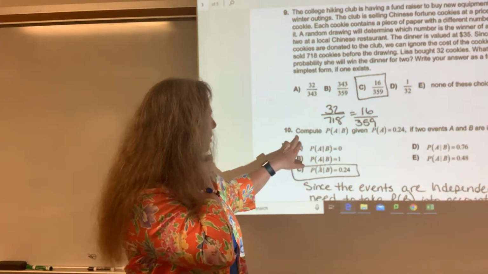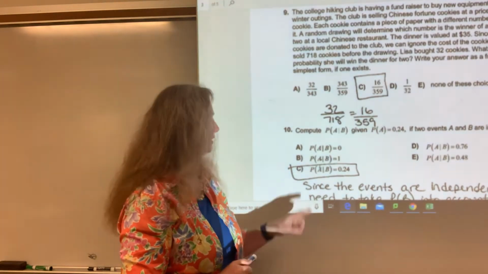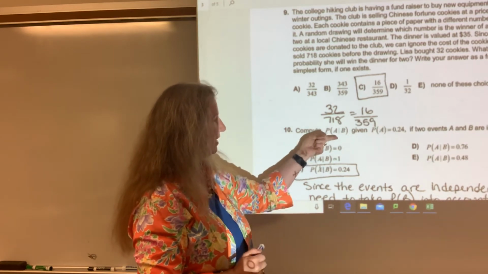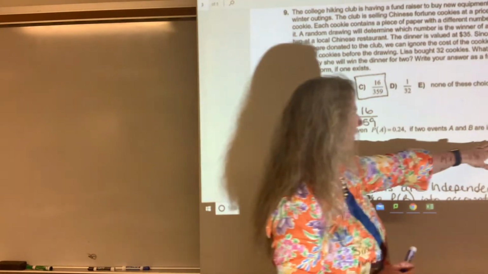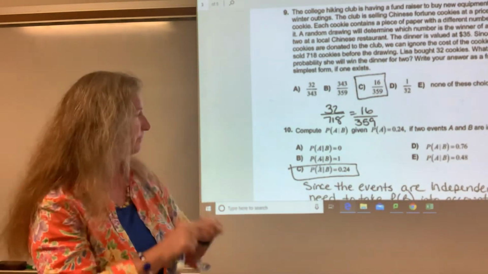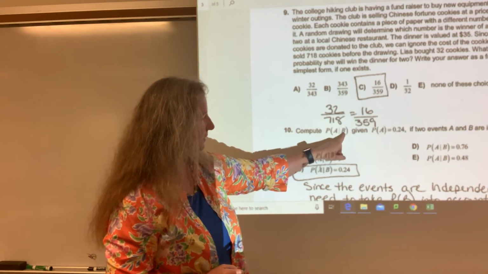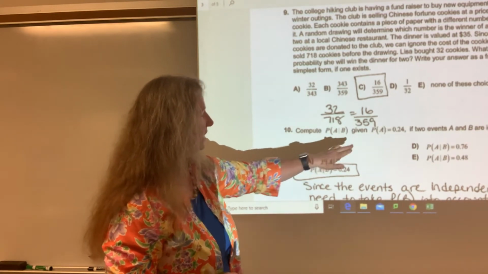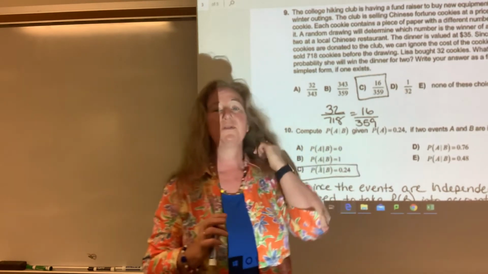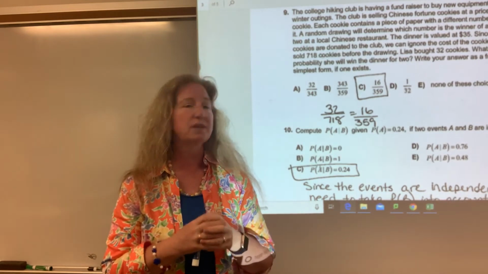All right, so compute. Here's one of my favorite, almost a trick question, number 10. Because what I want you to remember is that if events are independent, there is no connection between those two events. So compute the probability of A given B, given that the probability of A is 0.24. Well, if the two events are independent, there is no connection between them.